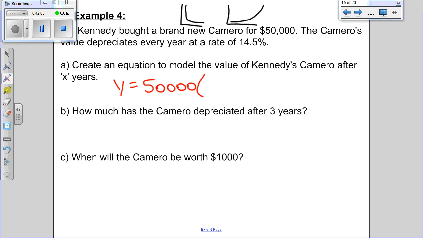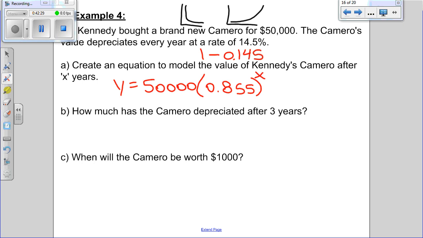And again, I've changed that interest rate into a decimal. So this would be 1 subtract 0.145, which would be 0.855, to the power of X, or T, whichever you want to call it. Those are equations you'll have to be able to make. It's as simple as just adding the interest or subtracting the interest and putting it to the power of X.